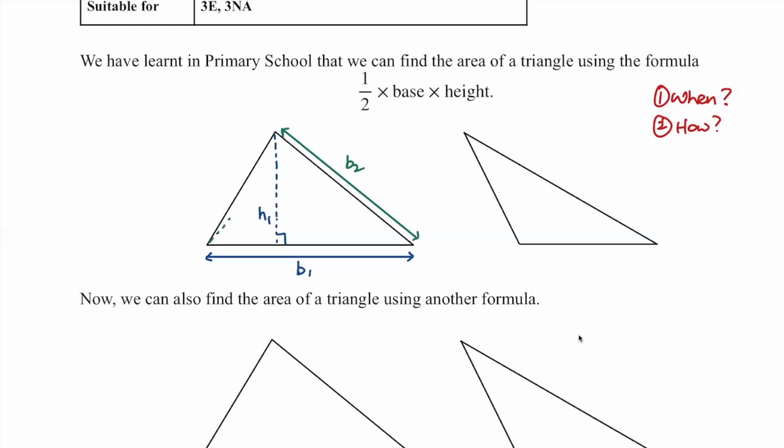So you draw a perpendicular line down from the other corner, and that green dotted line will be my so-called H2. I write it as H2 so that you know it's paired up with B2. That base and height look very different from the blue base and height B1, H1, but both will give you the same area. You are finding the area of the same triangle anyway.